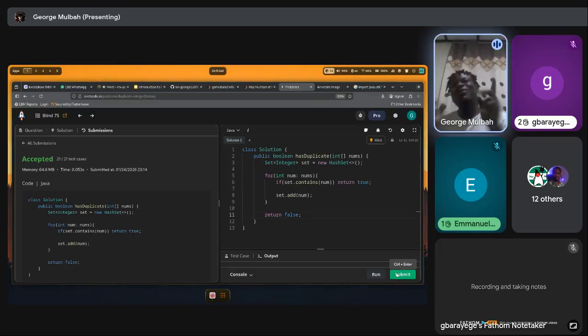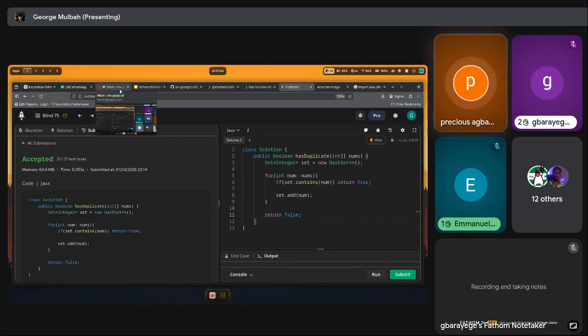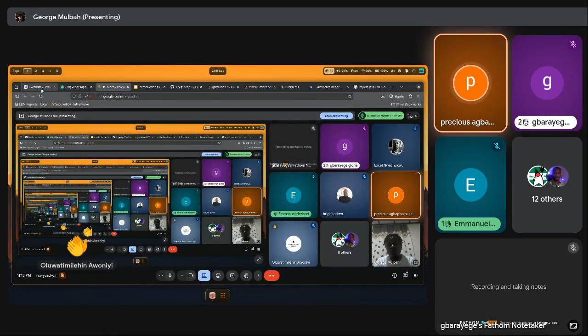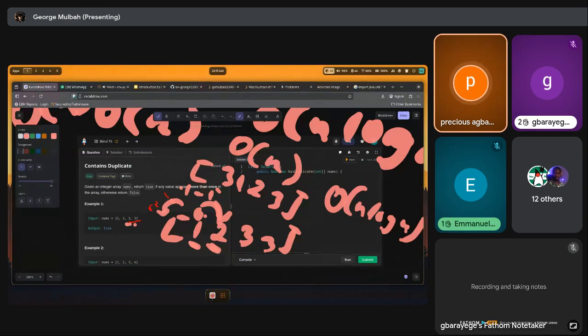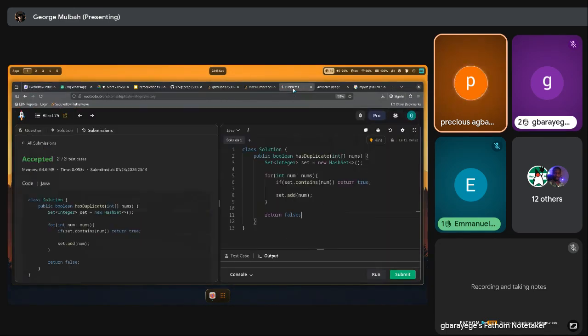Yes, that is another solution. Can I make a contribution, please? Yes, you can. I think that solution would work, but the solution that the instructor has given has an advantage, and that advantage is early exit. At the very instance where it sees a duplicate, it returns true and the iteration ends.